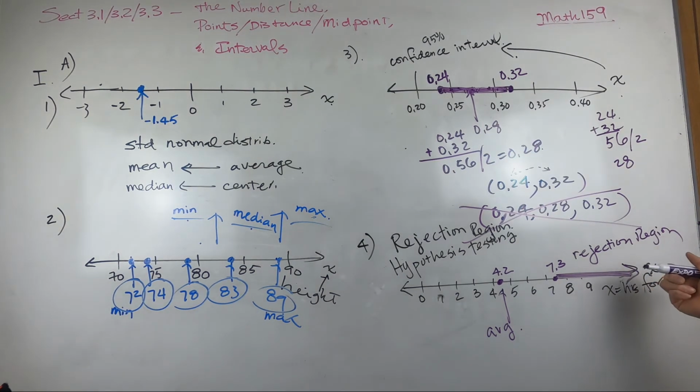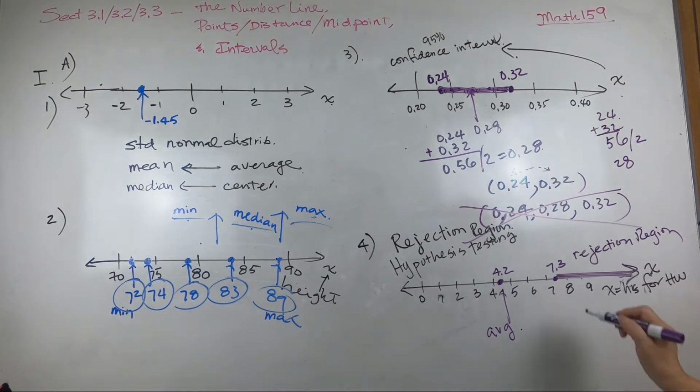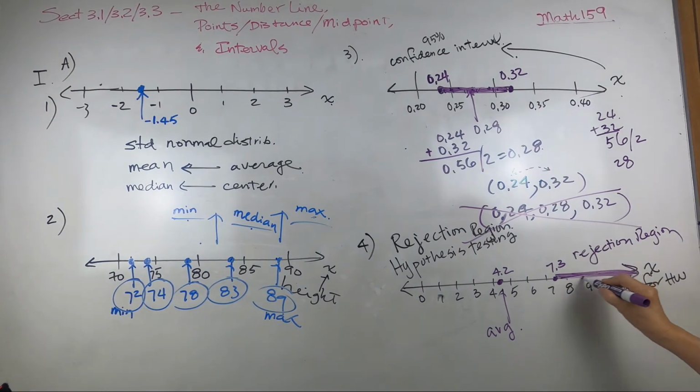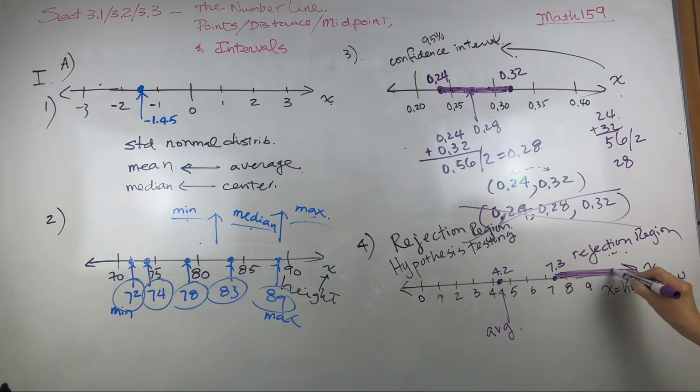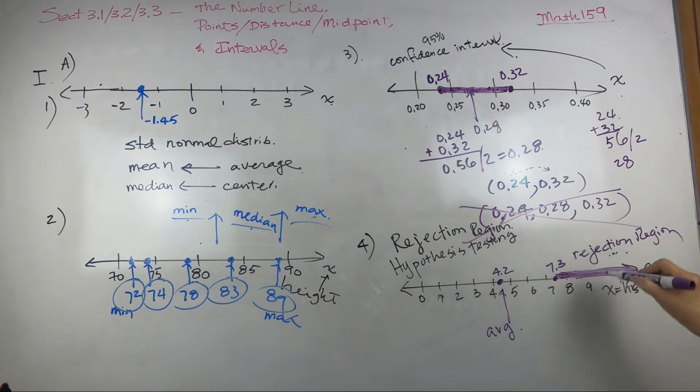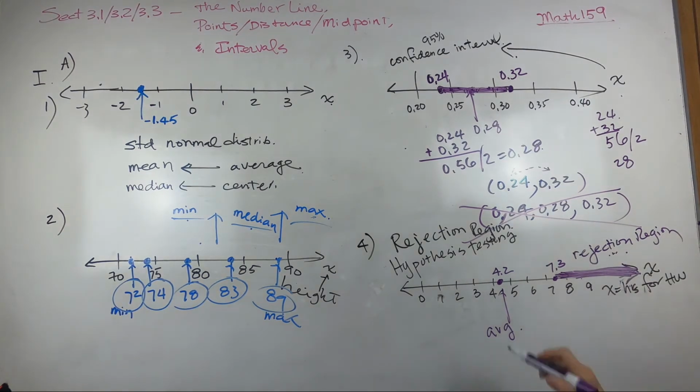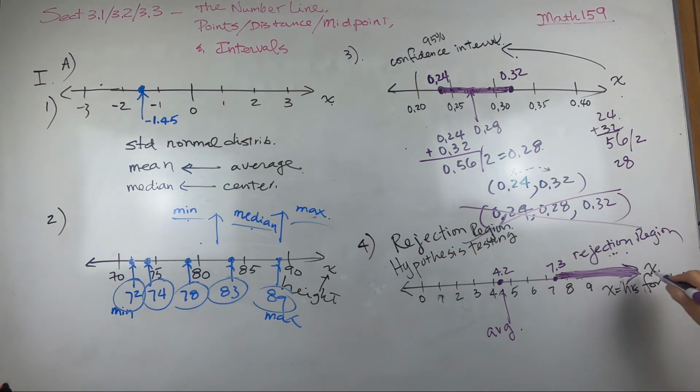What do you mean by that? By rejection, it means if you find a number, say this person did the homework for 100 hours, is that possible? If it belongs to the rejection region, that means when we do the testing, we are going to reject that. For the X hours for homework bigger than 7.3, we are going to reject.